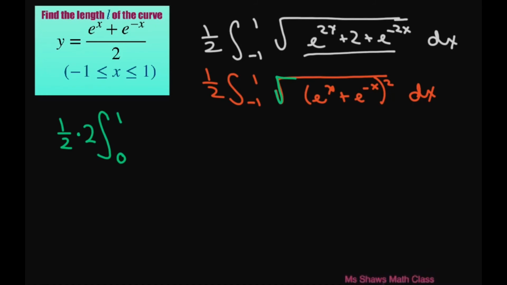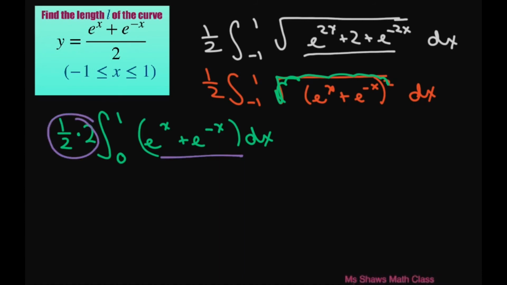So we're just getting half the length, and then we're going to multiply it by 2. And then when you take the square root of a square, that gets rid of it, and we're just left with e^x plus e^(-x) dx. All right, this just equals 1.